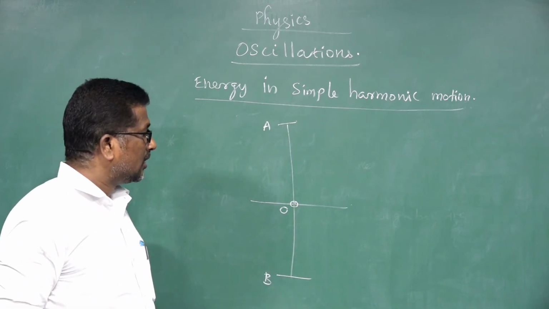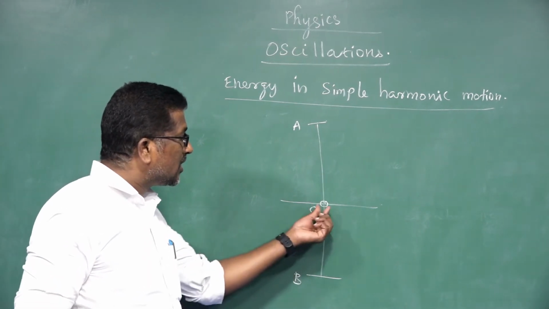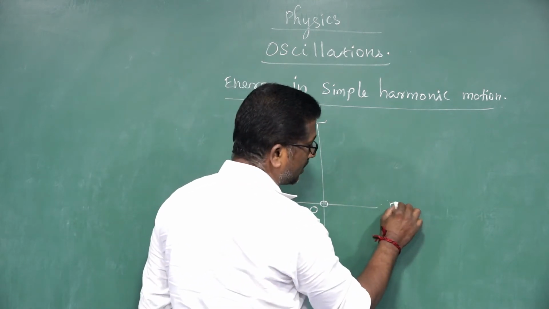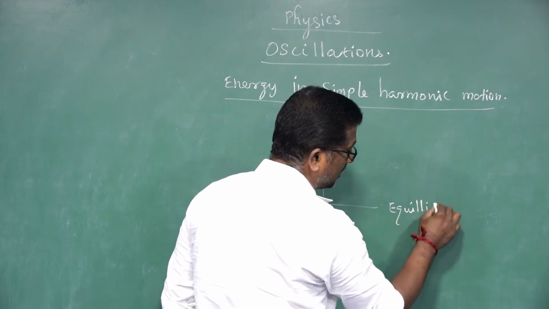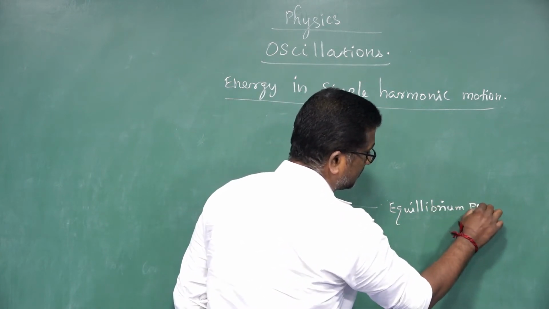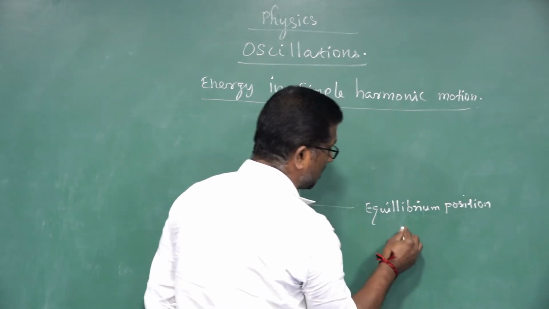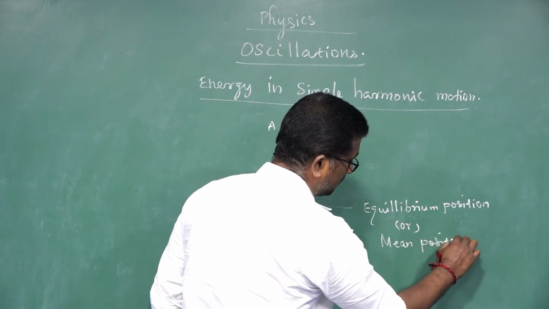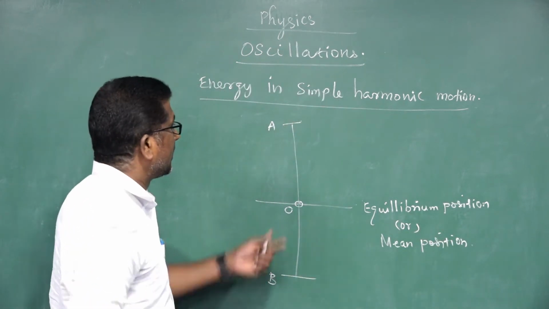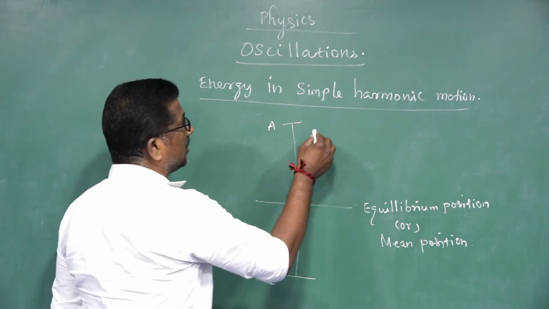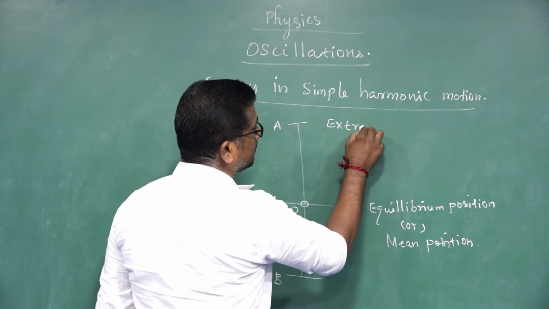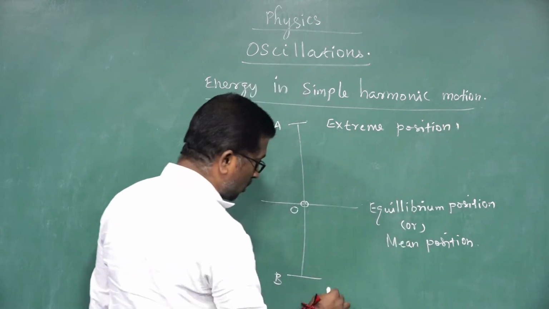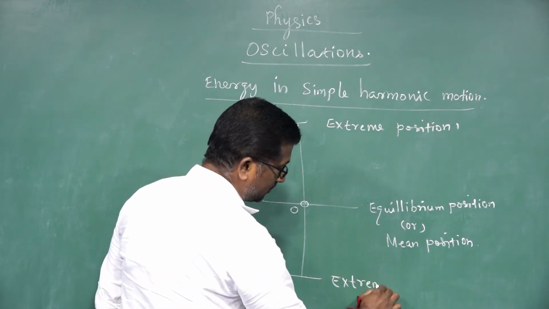The point O is called the equilibrium position or mean position. The positions A and B are called extreme positions: extreme position 1 and extreme position 2.